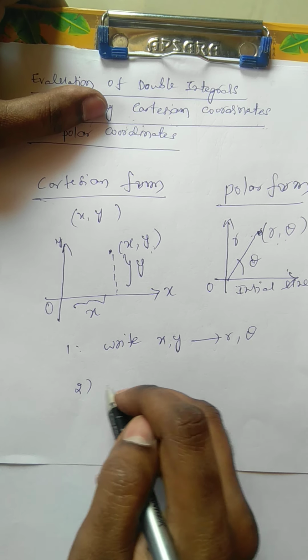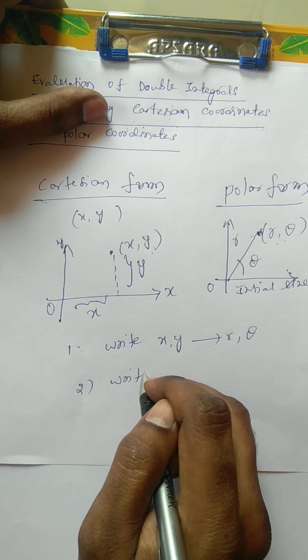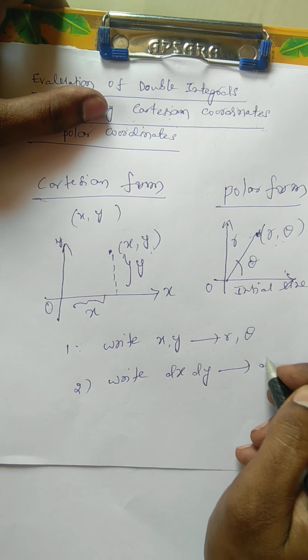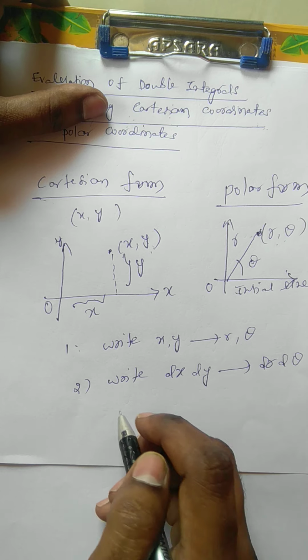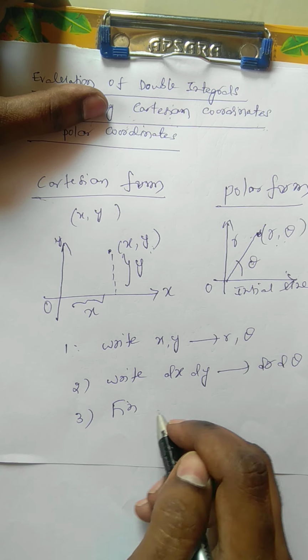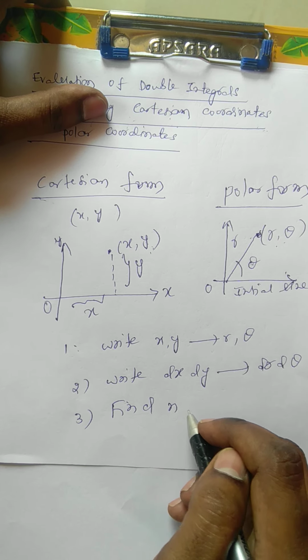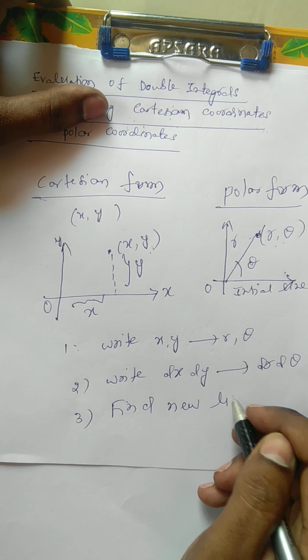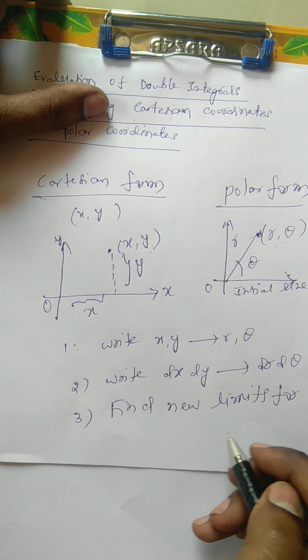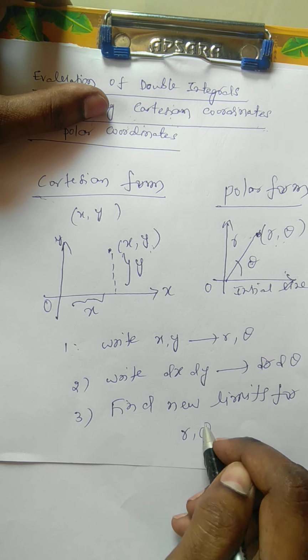Step 2, write dx dy in terms of dr d theta. Step 3, find new limits for r comma theta.